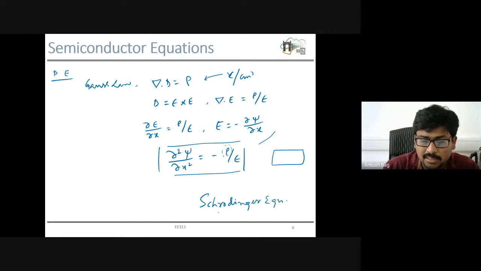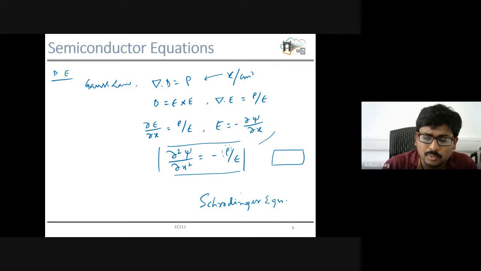Schrodinger is one of the famous scientists of the last century. From Schrodinger's equation you can understand where you have the charges and how they vary within the semiconductor device.